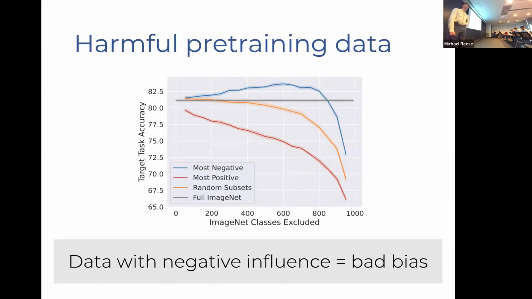Yeah, the subsets at the end of the day are to amplify the effects. If you only remove one ImageNet class, then the resulting effect that you see after transfer is actually not that much. The noise in training starts to drown out the difference that you see.